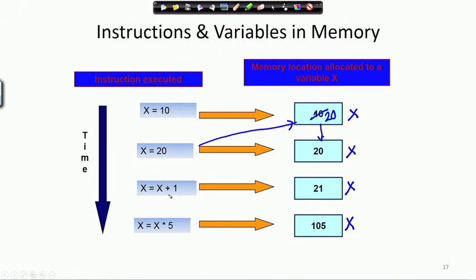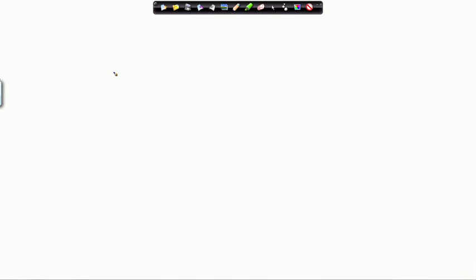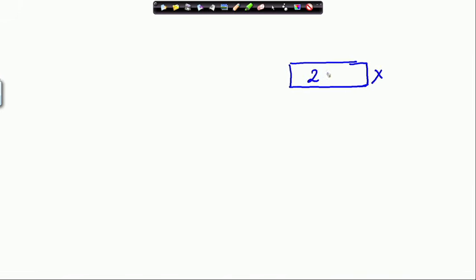Now, I do another arithmetic operation here. How do you explain this? x assigned x plus 1. Let us go back one moment to this. There is x, it was 20, and I have come across an instruction which says x equal to x plus 1.